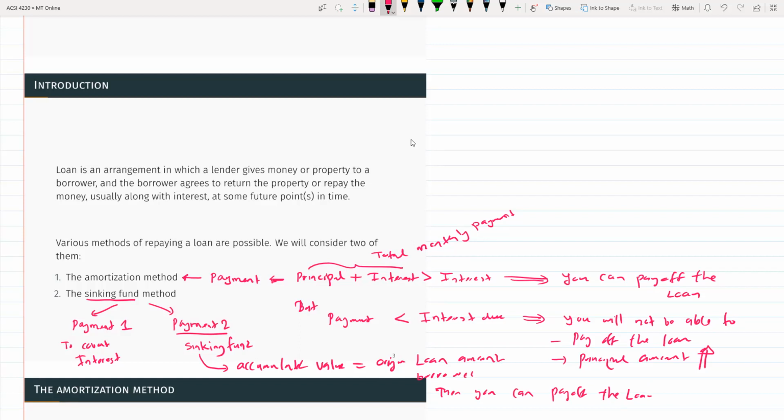But we are not going to really cover the sinking fund method, only the amortization method.